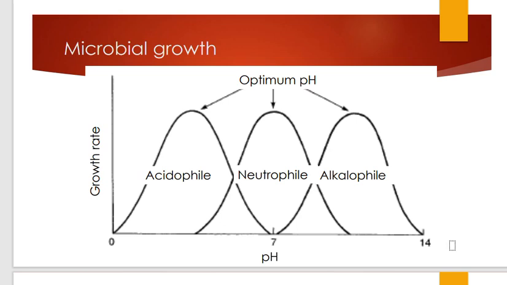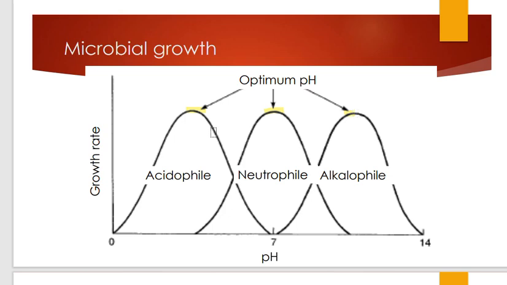The pH of maximum growth rate is called their optimal growth pH. So the peak here is their maximum growth rate, and we call this peak the optimal growth pH.